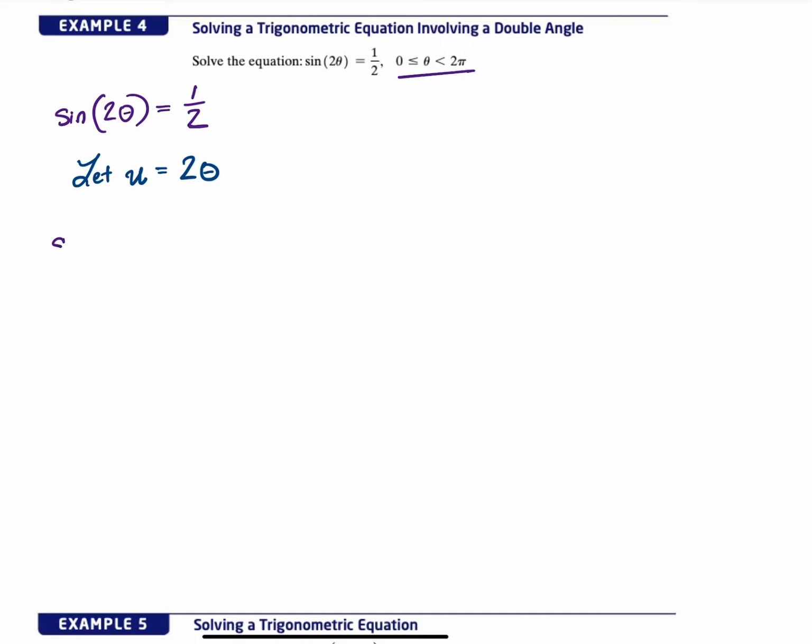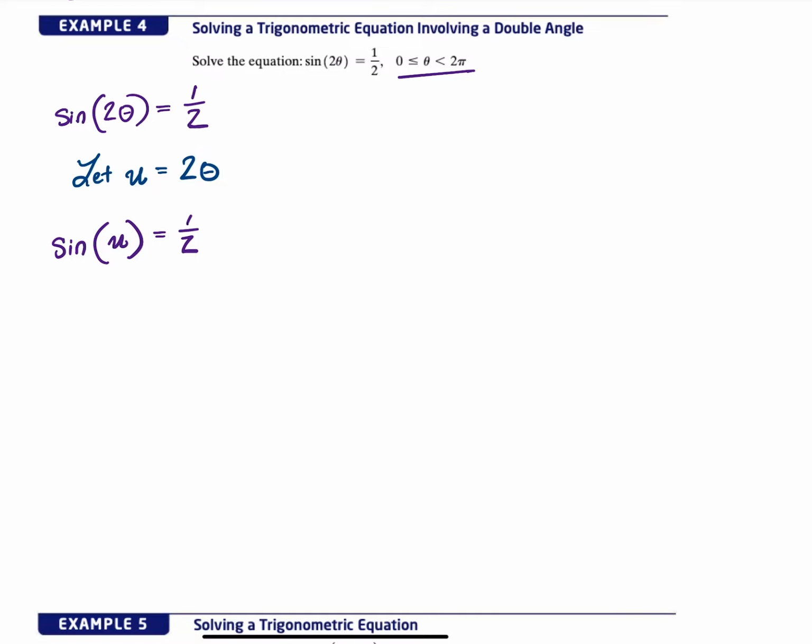So I can re-express this as just the sine of u equals 1/2. Just some angle, because that's ultimately what this is. We're going to ultimately have to solve for specifically theta instead of 2 theta. But let's just first think in general, where is the sine equal to positive 1/2?